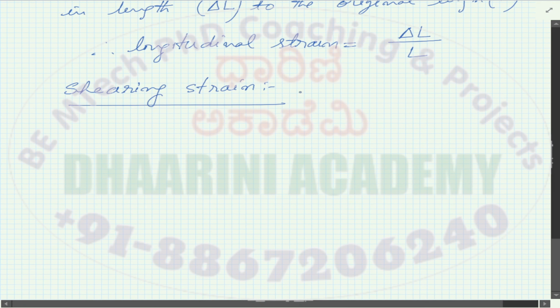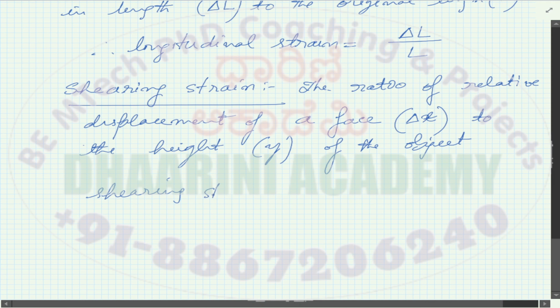So you know that we can measure the shearing strain as the ratio delta x by y, but from the diagram it is very clear that if you measure delta x to y, that gives you the tan of this angle theta. Tan theta is opposite by adjacent.